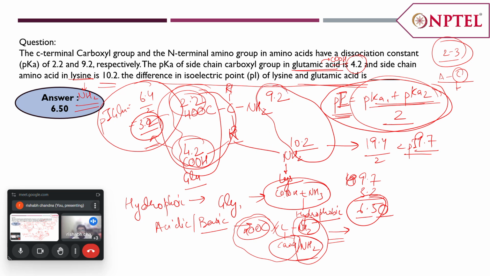This is the amino group pK, and this is the pK for the side chain amino group of lysine. When we take this average, it comes around 9.7. Now the whole basic question is sorted. Now we have to calculate the difference between the isoelectric points of lysine and glutamic acid. So we'll take the difference between this and this, and that comes out to be 6.5.